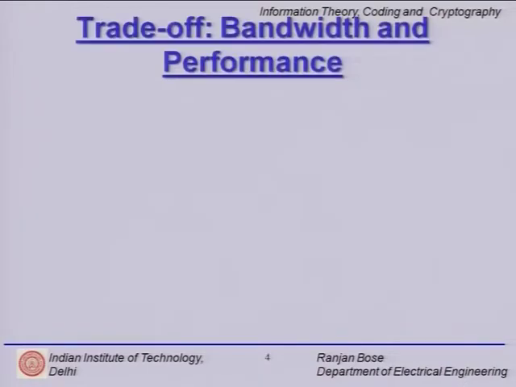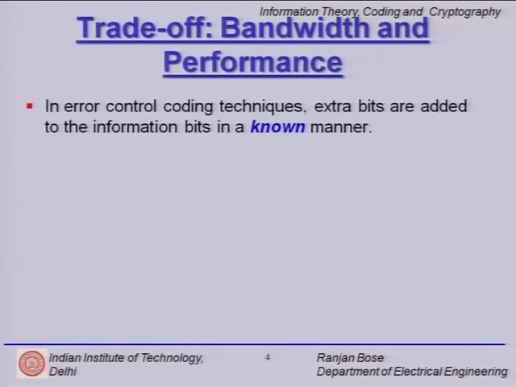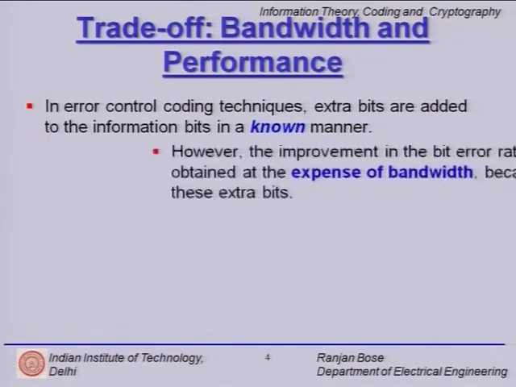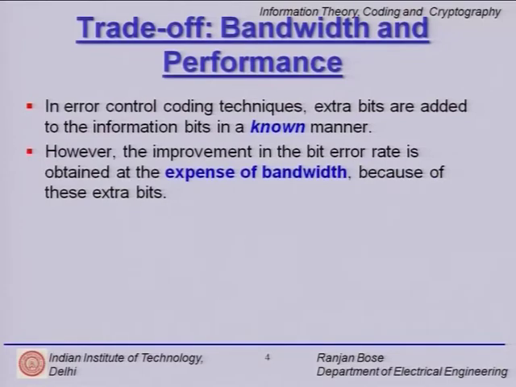If you remember, in error control coding, we introduced extra bits in a known manner to be recovered at the receiver end in order to come back from the errors. Now, this addition of extra bits came at a cost of additional bandwidth.